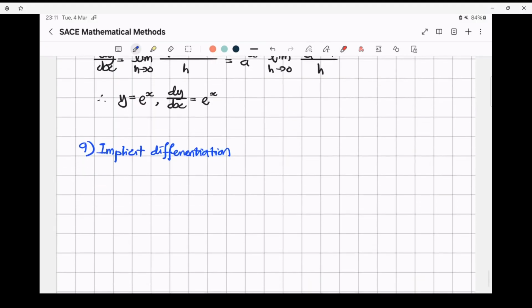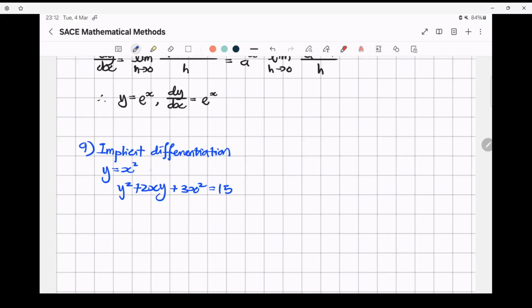For instance, if you have y squared plus 2xy plus some x squared term equals to 0, you can't really write y in terms of x.